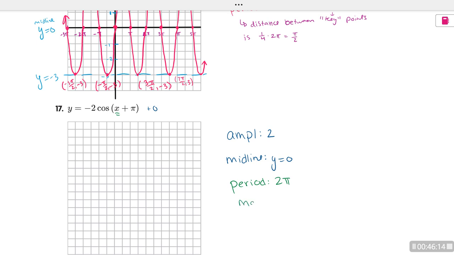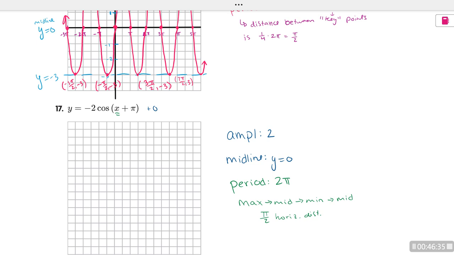So between the max to midline, to min, back to midline, is a distance of pi over 2, horizontal distance for each, just like the last problem we did.